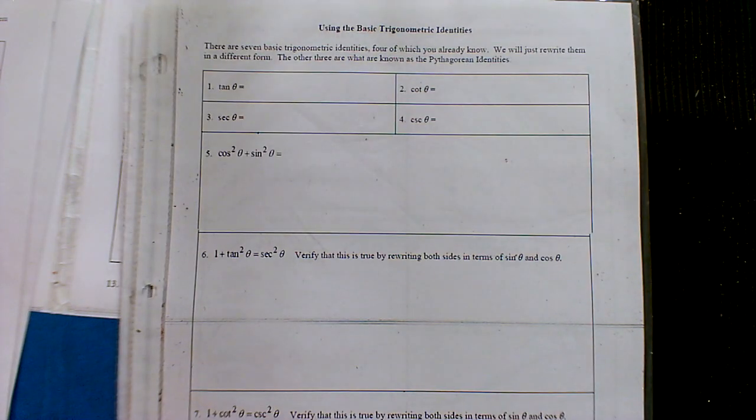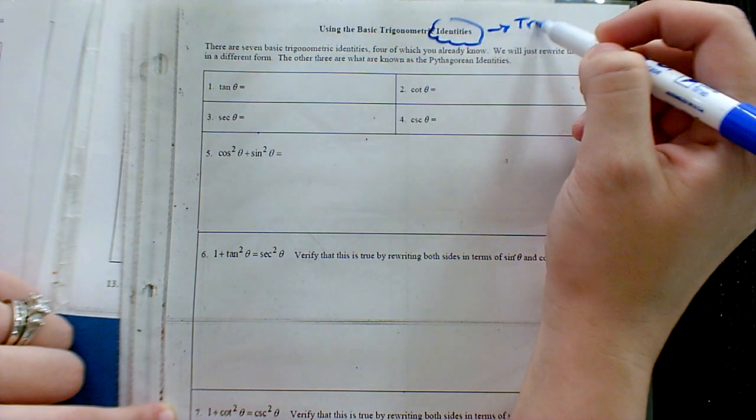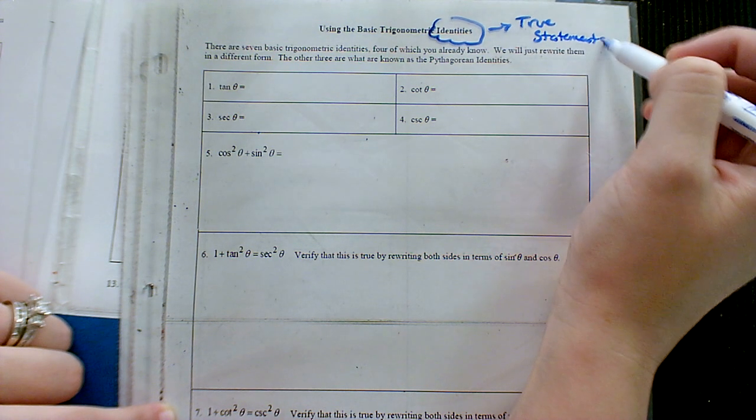So on page 419, we're going to talk about some trig identities. Identities are basically true statements. We're going to use these true statements to help us rewrite or simplify or solve trig equations and expressions.